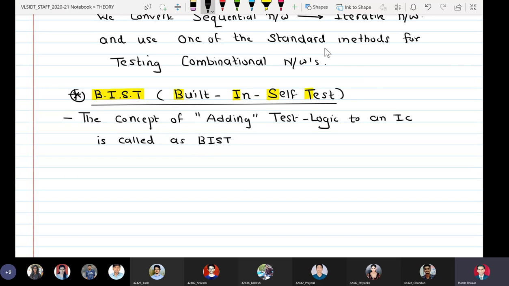The concept of adding test logic to an integrated circuit is called as BIST.